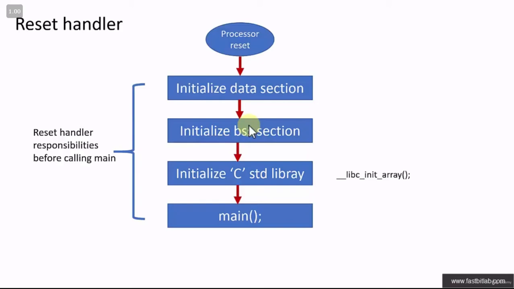Finally, it calls the user program, the main function. Without doing all this initialization, you cannot call the main function. The user code may not work properly. These are mandatory steps that should be completed before calling main.